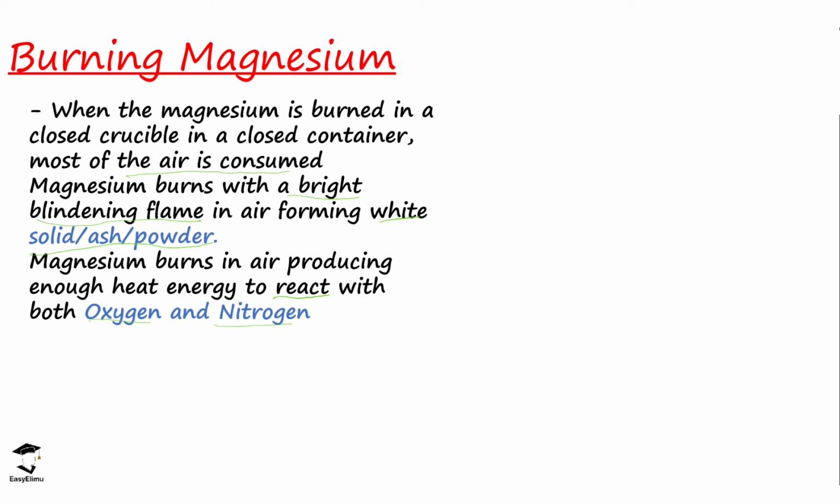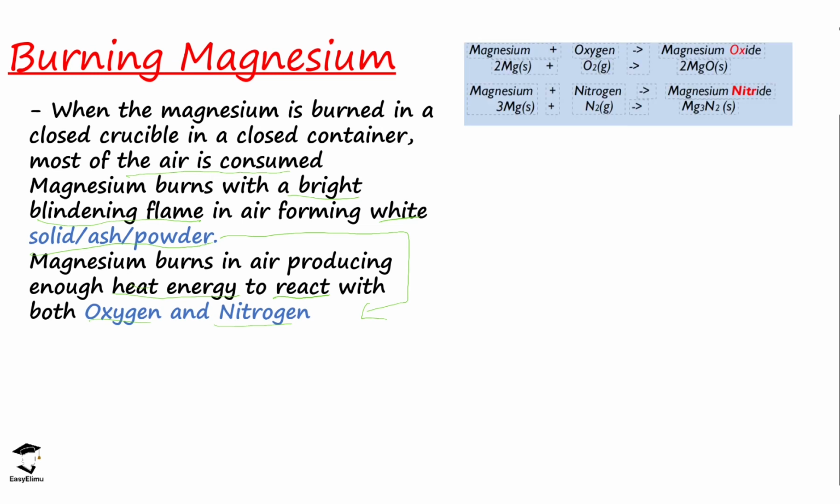So when magnesium is burning in air, it is not only reacting with oxygen, as we said in combustion, but because of the heat produced in this reaction, it also causes the reaction of magnesium with nitrogen. So the powder that we are forming is a combination of the reaction with oxygen and the reaction with nitrogen.